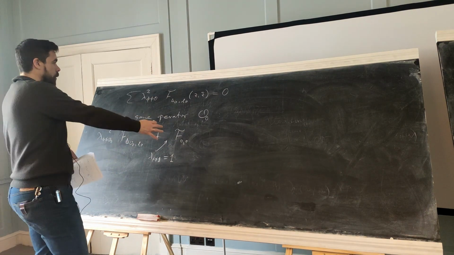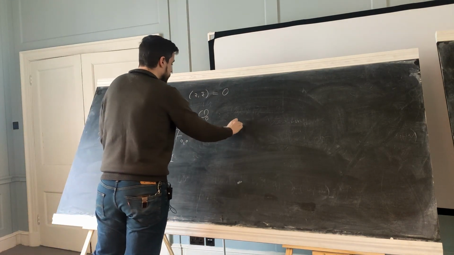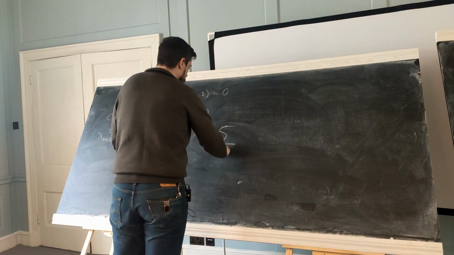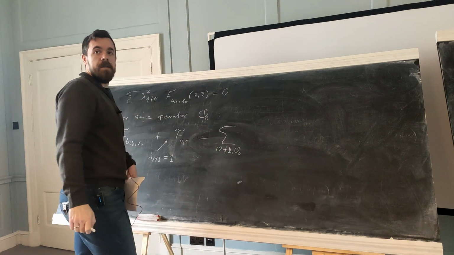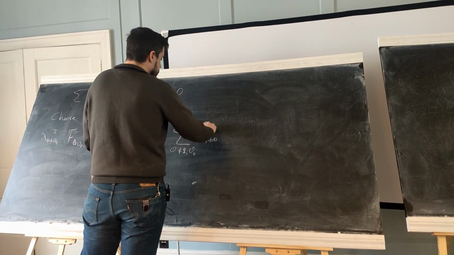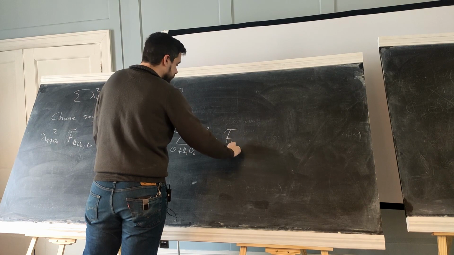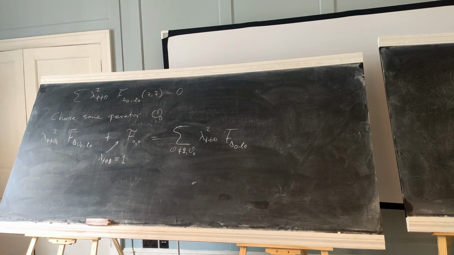So I keep these two operators on this side, and I send everything else to the other side. There's going to be an infinite sum on the other side of all the O's that are not the identity or this O0, right? Lambda phi O squared times F delta O, L O. These are, of course, functions of U and V, or Z and Z bar in this picture. I'm not going to write that.